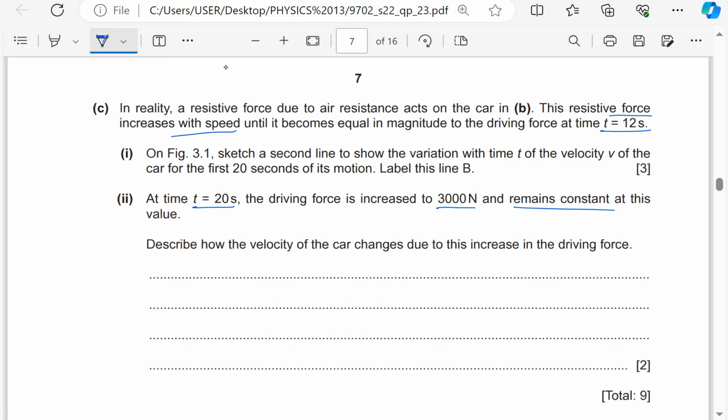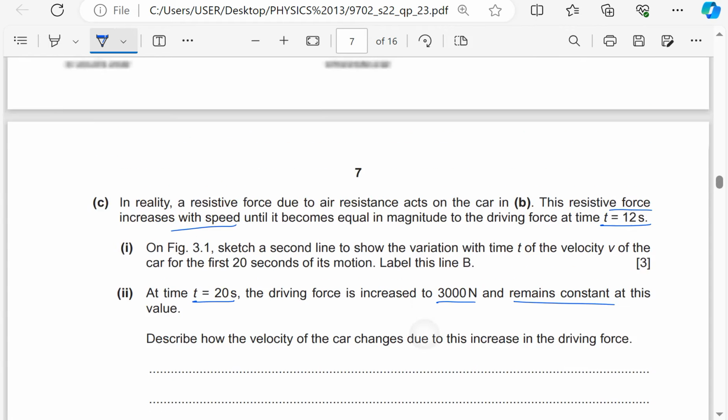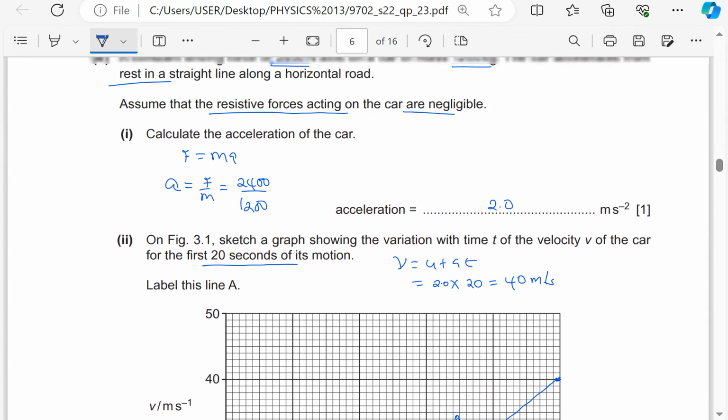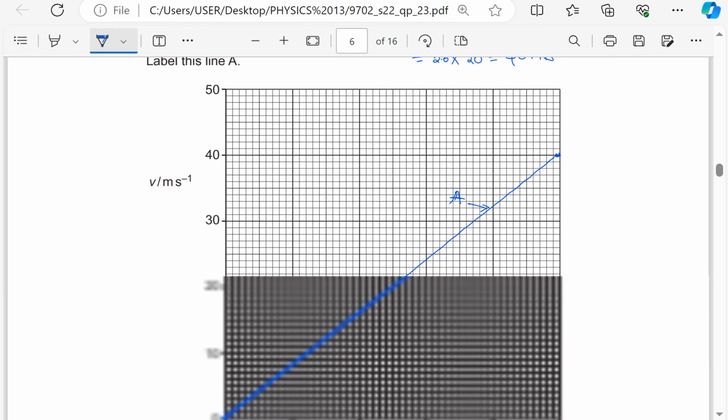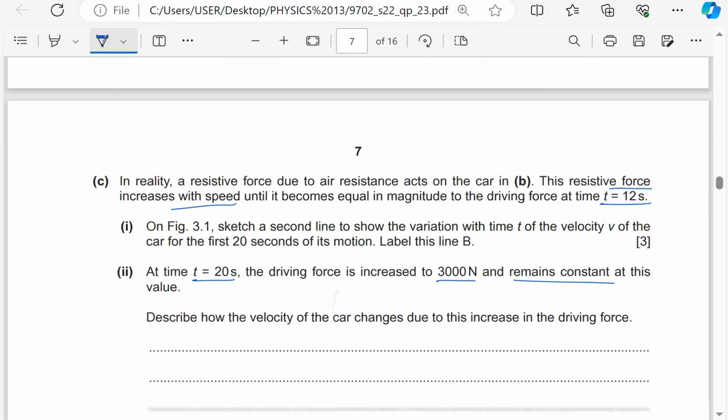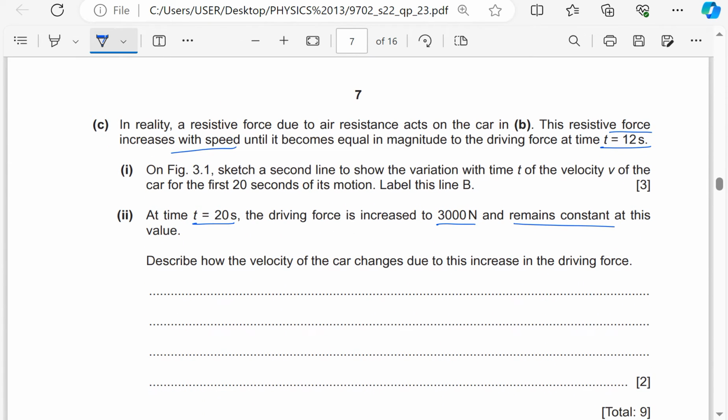So that means the car will have an acceleration to a new but higher terminal velocity, because initially the driving force was 2,400 newtons. So now it is going to have a new acceleration, and it's going to have a higher terminal velocity.